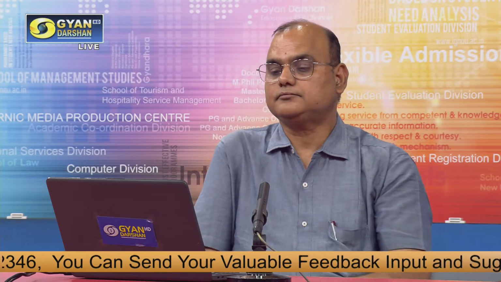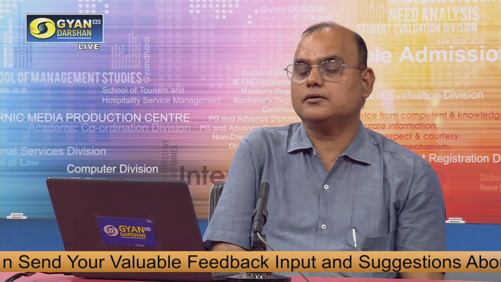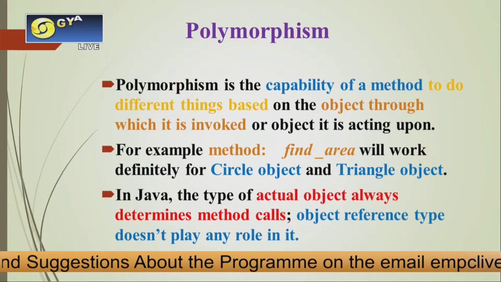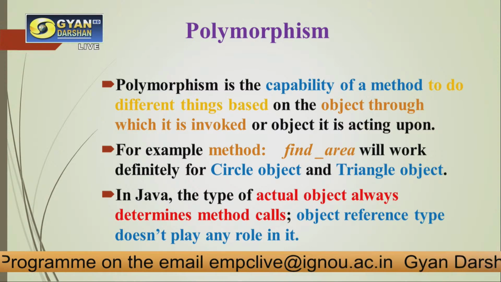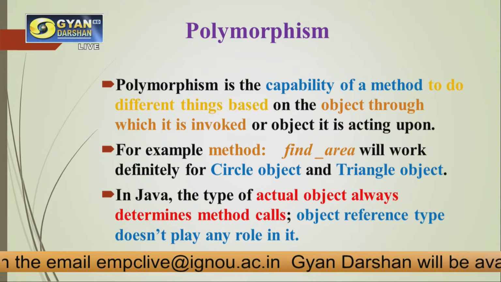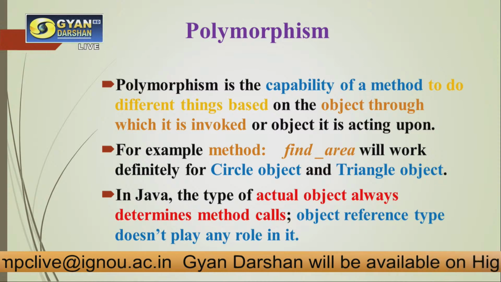Now, if we look a little deeper into the polymorphism concept, we can say it is the capability of a method to do different things based on the object which invokes it, or the object it is acting upon.